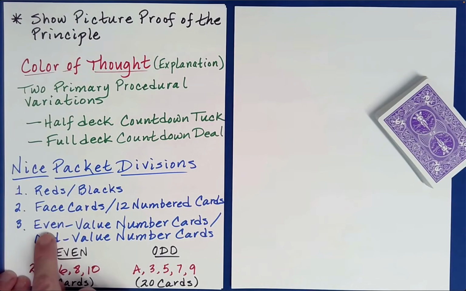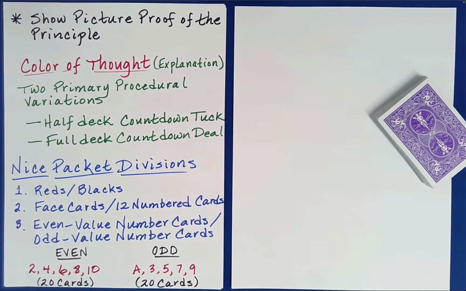Interestingly enough, the even value number cards and the odd value number cards, if you include the ace as 1, there's an identical number of those two groups of cards. There's 20 of each. We have 2, 4, 6, 8, 10, and then ace, 3, 5, 7, 9. And there's 20 of each of those. So we have this kind of dichotomous packet there, perfectly divided into evens and odds. So this principle can be used.